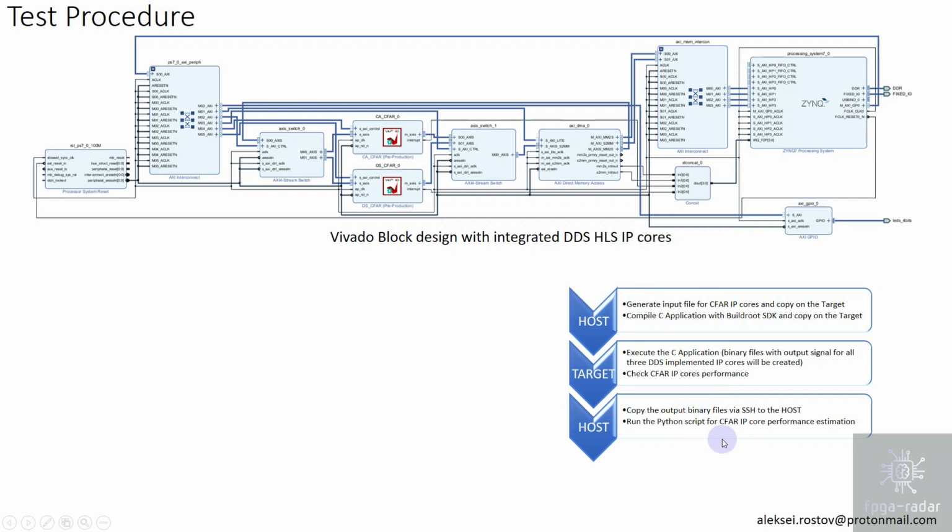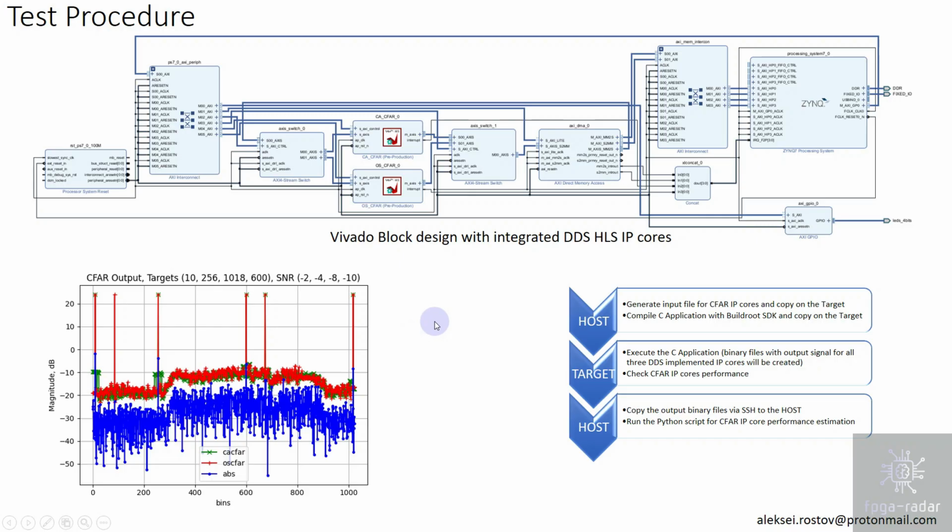On the host, by using Python, this binary file will be read and used in order to estimate the performance of the IP core. So, for example, here I have the output of the IP cores. On this plot, I create a simulated signal with an uneven noise floor. Noise is approximately minus 33 dB, then the noise increases up to 26 dB, and then back to minus 33 dB.